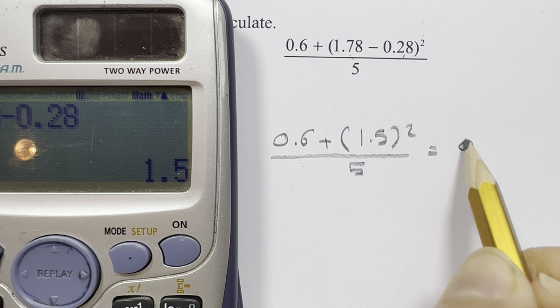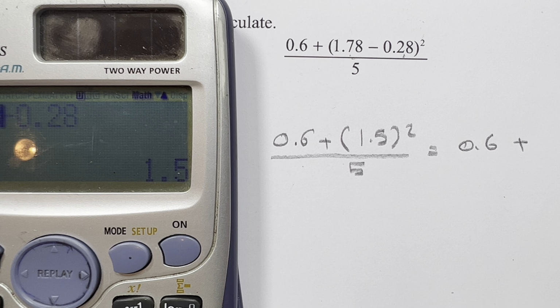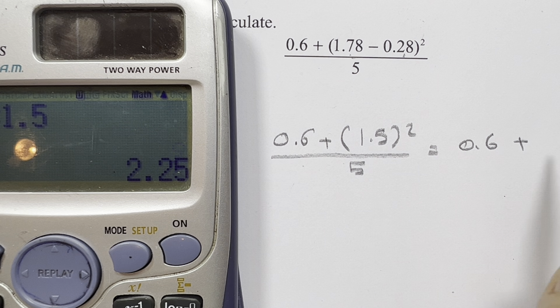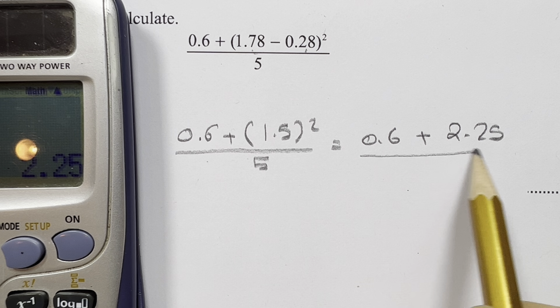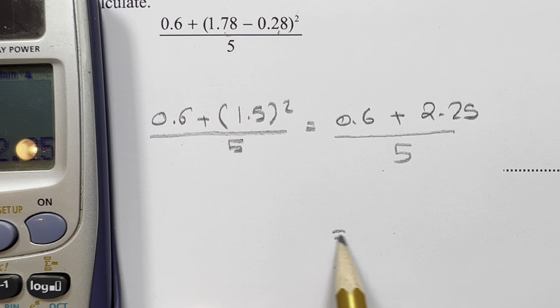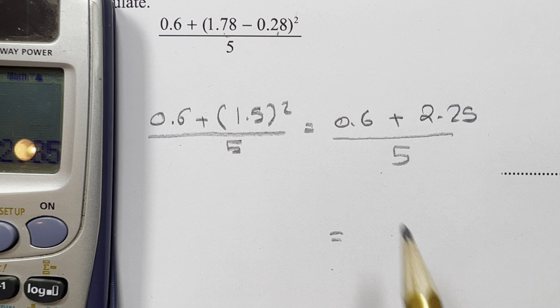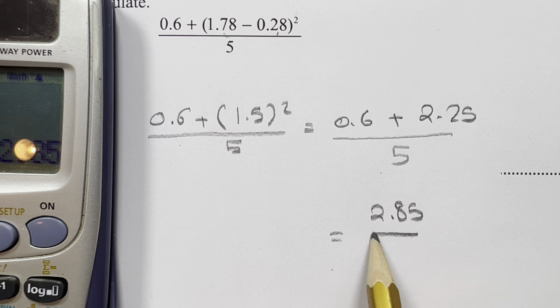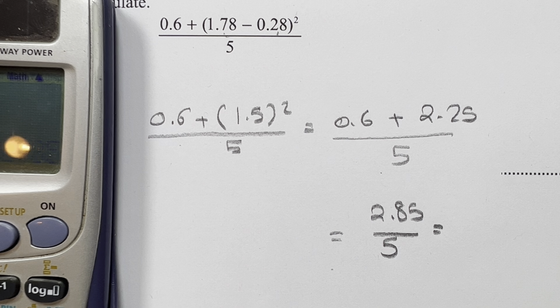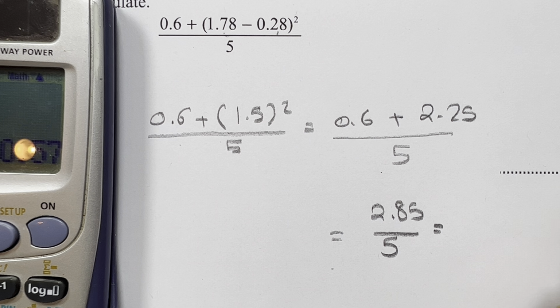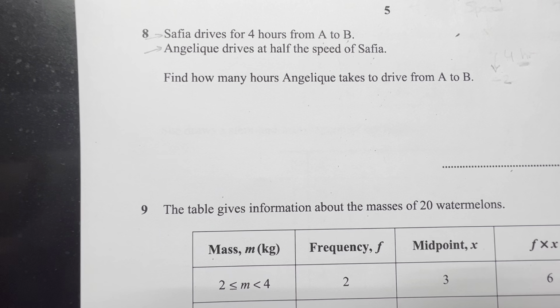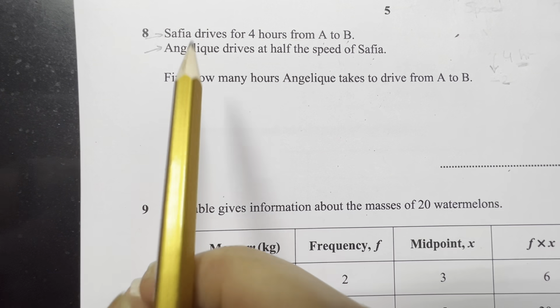So 1.5 squared is going to be 2.25, divided by 5. So this will be 0.6 plus 2.25 equals 2.85, divided by 5 to get the final answer as 0.57.